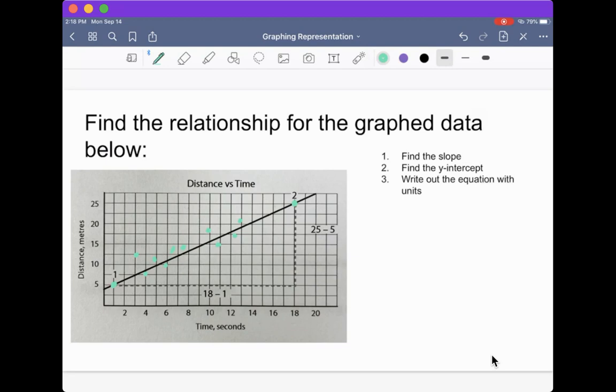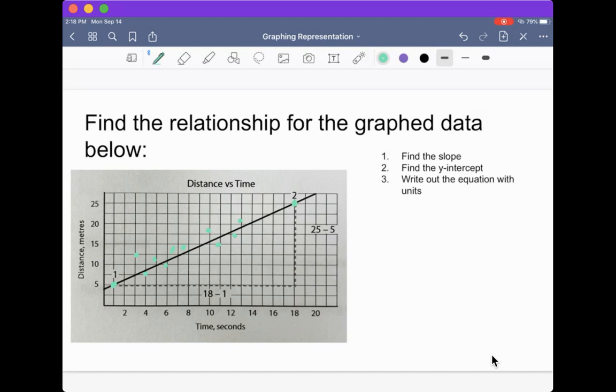That could be from equipment, that could be human error, it could be parallax. Parallax is when you're reading a graduated cylinder and not everybody reads it straight on. Some people are a little bit above, some people are a little bit below when you're reading it, so it throws off the measurements. It's the same with a ruler. I could put a ruler down and not everybody's going to read the ruler at the exact same number.